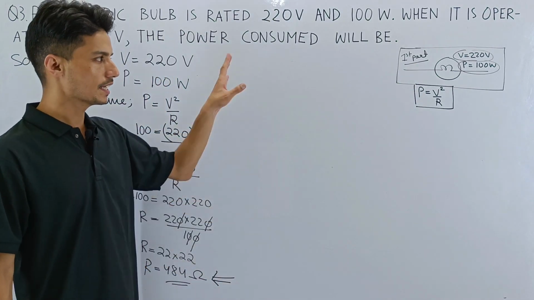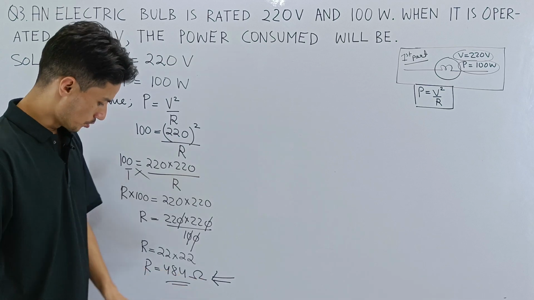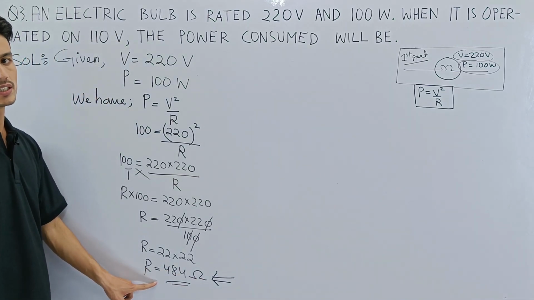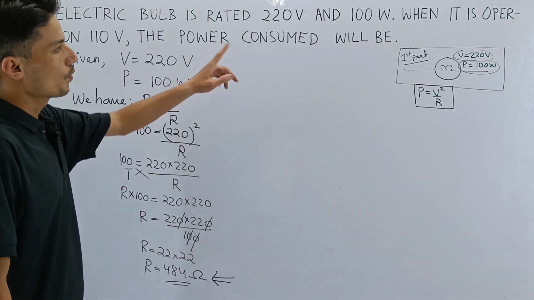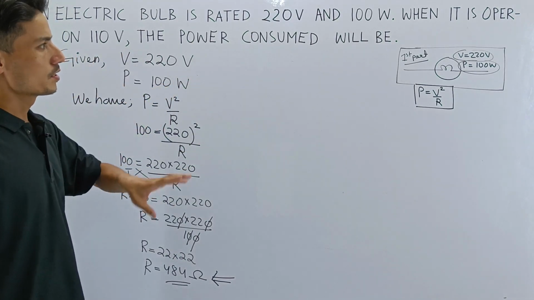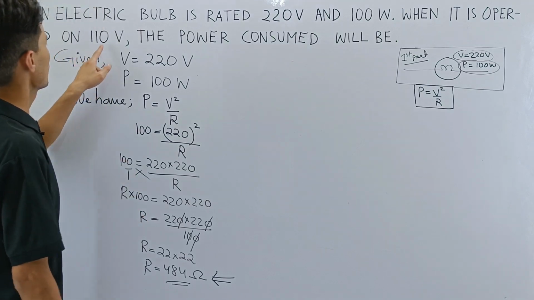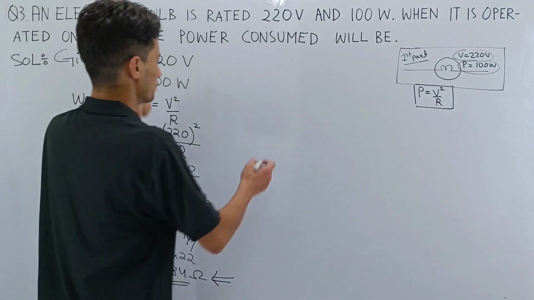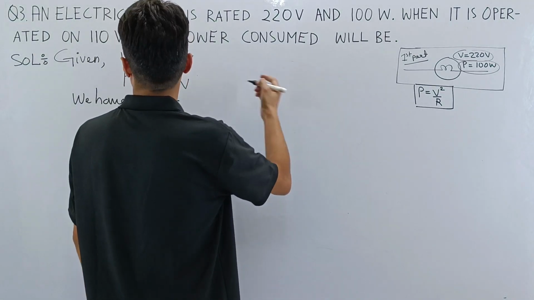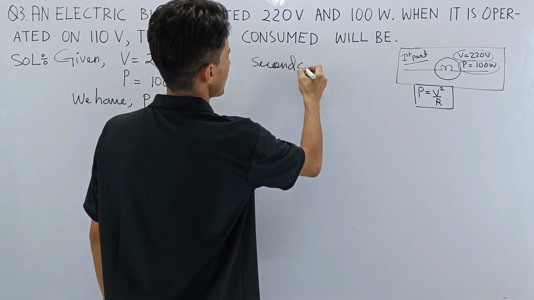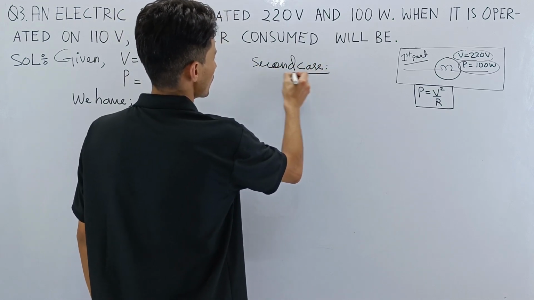So for the second case, you know the resistance. When it is operated on 110 volt, some information is given. For the second case, what do you know?